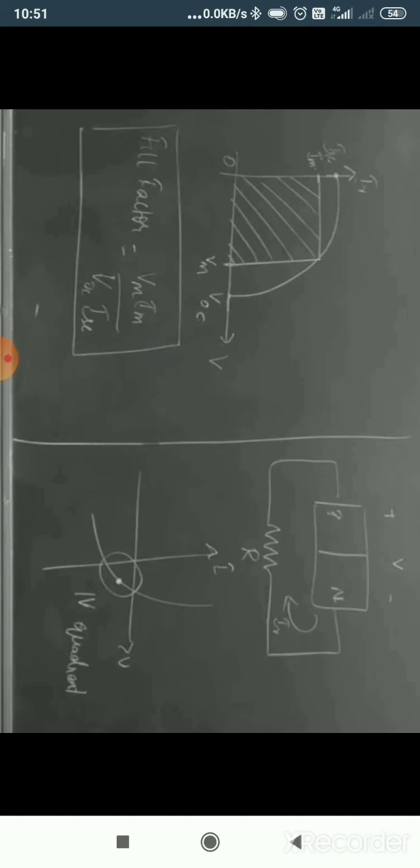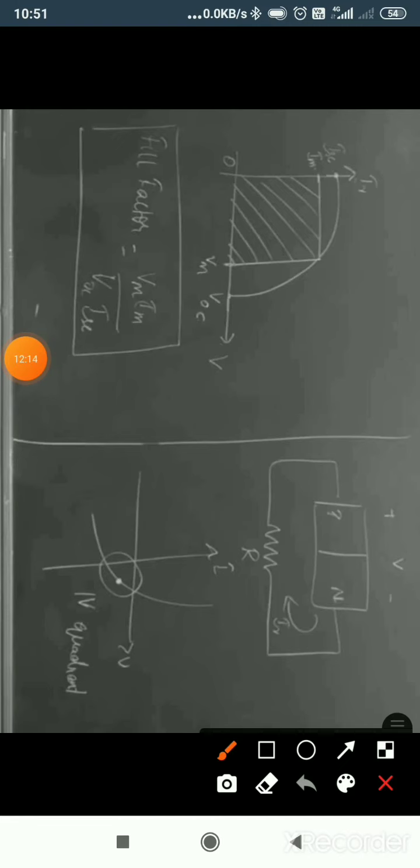Now graphically, if we want to explain the solar cell, in the last class we studied the p-n junction, that is, when we operate a p-n junction in the fourth quadrant. The same graph we are explaining again.